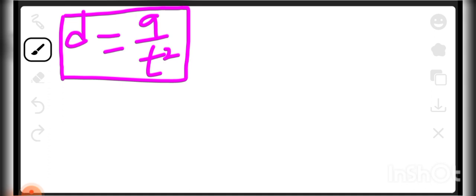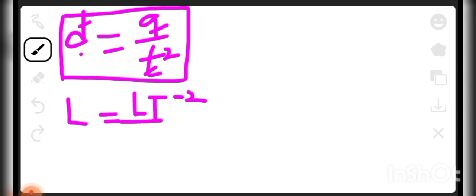So let's go. First thing, identify the terms present. We have distance, acceleration, velocity. Next, let's insert their respective dimensions. For distance, the dimension is the same thing as L, which is for length. For acceleration, we have LT raised to power minus 2.